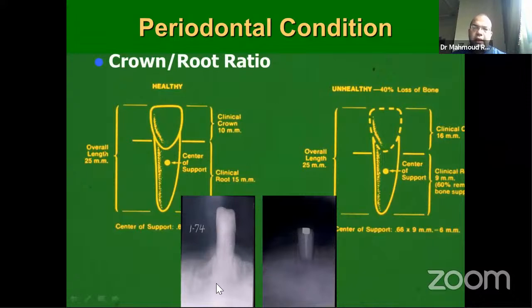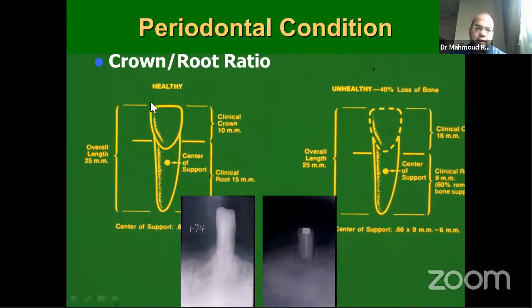Here in the X-ray, we see this is the center of rotation. So the level of the bone here at the crest of the bone is very important, because this level is the level of the center of rotation and our center of support. If this center goes apical, the crown root ratio increases a lot, making a lever class 1, as we studied in levers before.